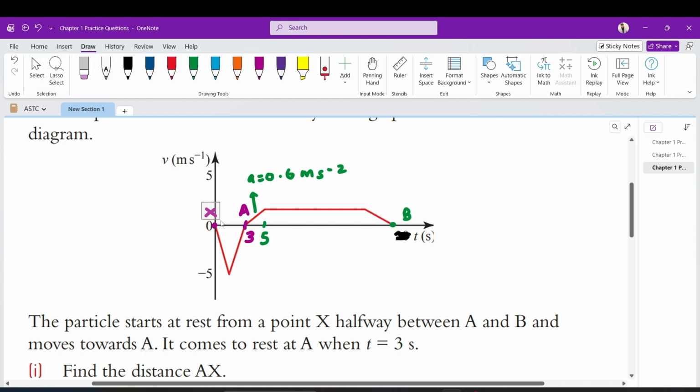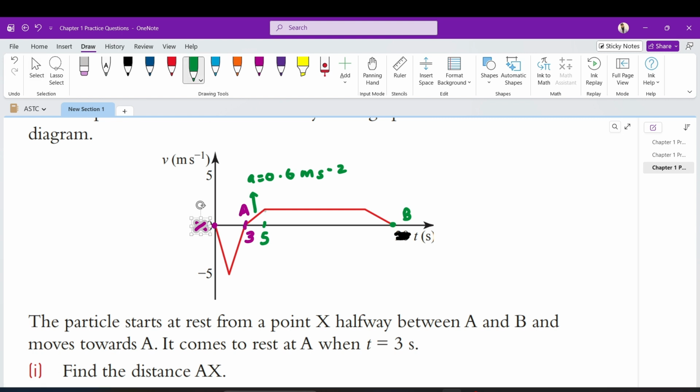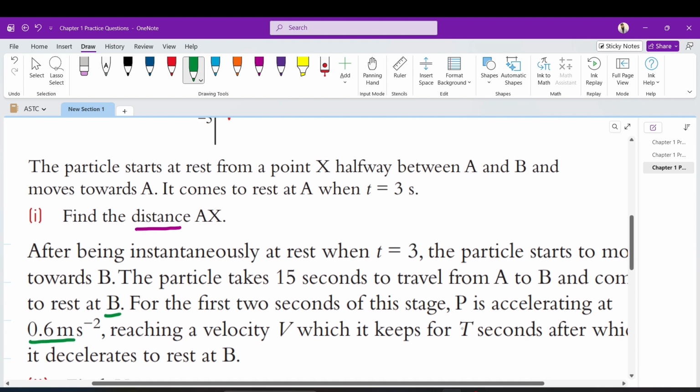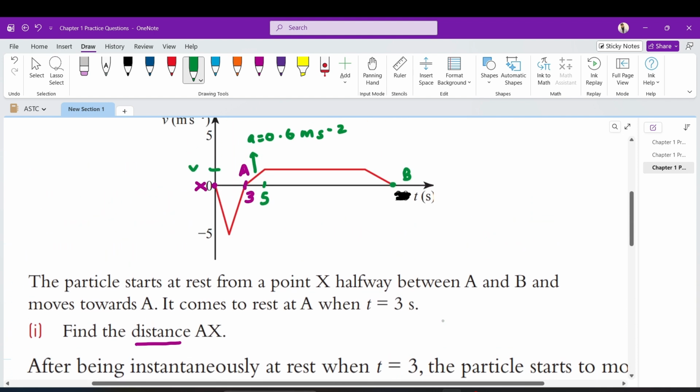Let me move this point X a bit down. If you look over here, there's a horizontal line, which represents constant velocity. This is v. Now which it keeps for t seconds. The duration from this point till this point is t.